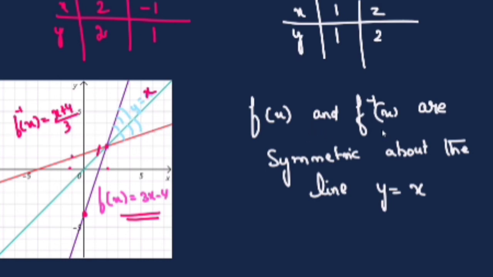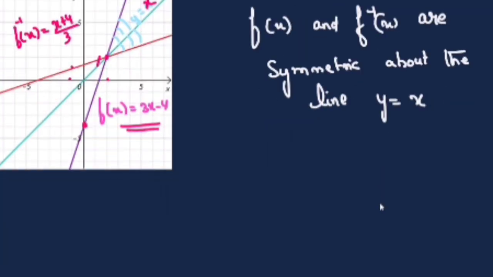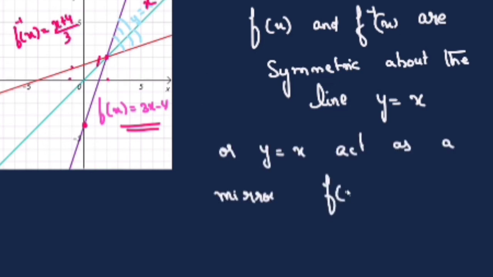So f of x and f inverse of x are symmetric about the line y is equal to x, or we can say y is equal to x acts as a mirror. F of x and f inverse of x are reflections.